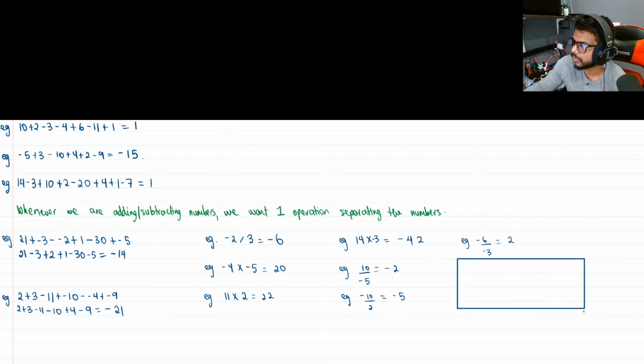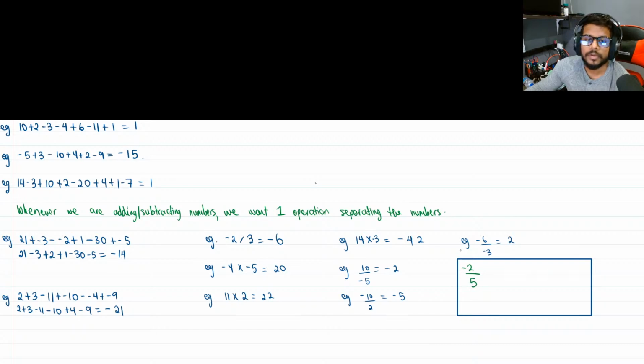Now, one thing I want to show you for fractions, and this is important. For negative fractions, if I have negative 2 over 5, it doesn't matter where the negative sign goes. This could be written as 2 over negative 5, or as minus 2/5.